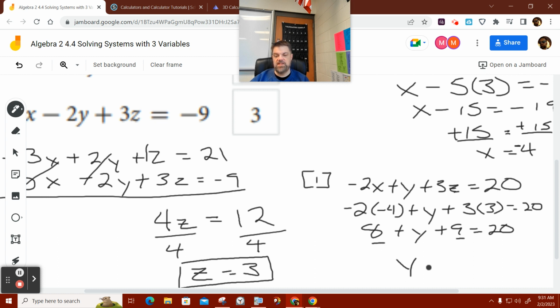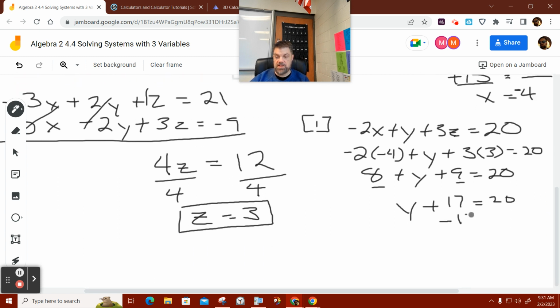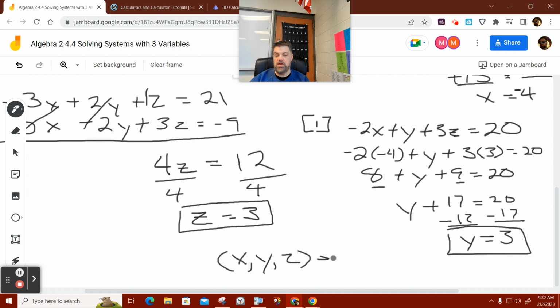I was doing the math in my head. So I get y plus 17 equals 20. Then I subtract 17 from both sides, and I get y equals 3. And we were right. So the solution is x, y, z equals negative 4, 3, 3. Does that make sense? Okay.